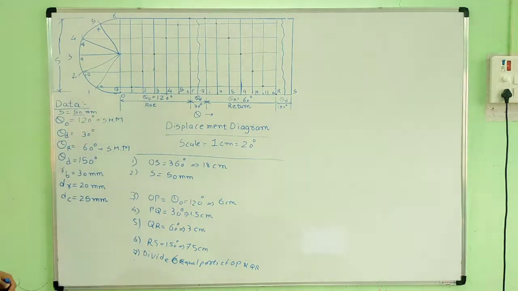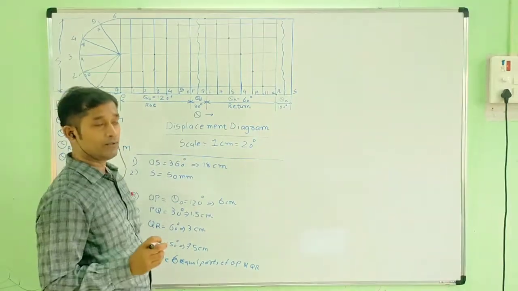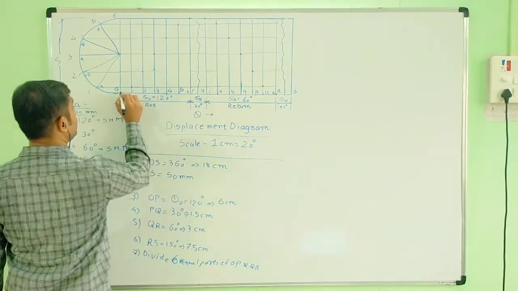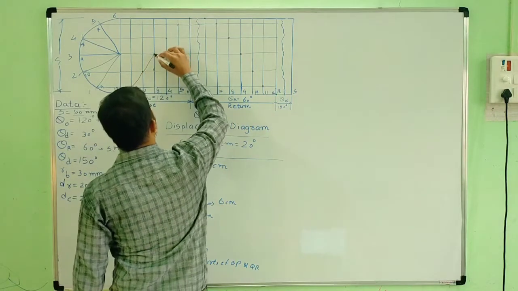Okay. Now these points have to be joined by a smooth freehand curve, or we use a French curve. So it curves like a simple harmonic motion.